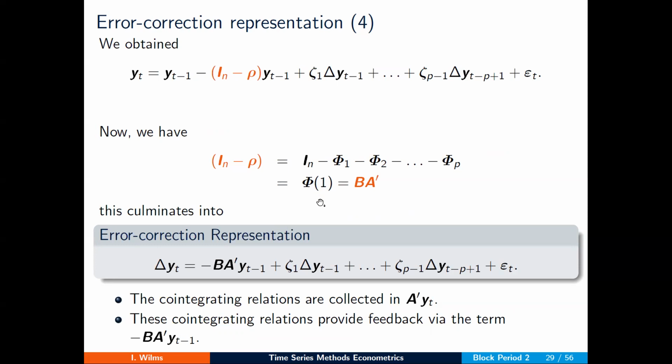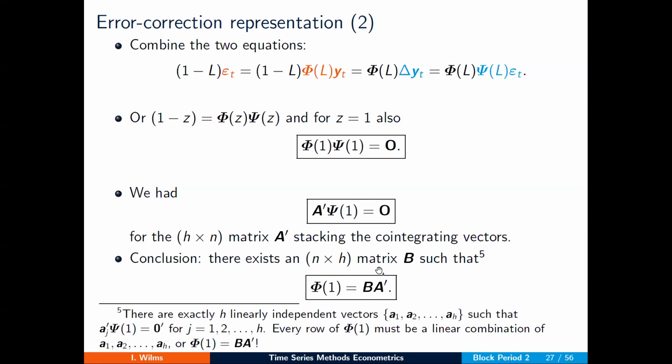Or alternatively, this is phi1. And it is exactly this phi1 that I had rewritten in terms of two lower rank matrices, B and A prime, on the previous slide. So this over here was what I obtained in the box 2 slides ago.